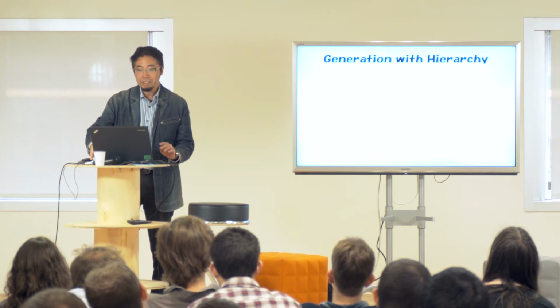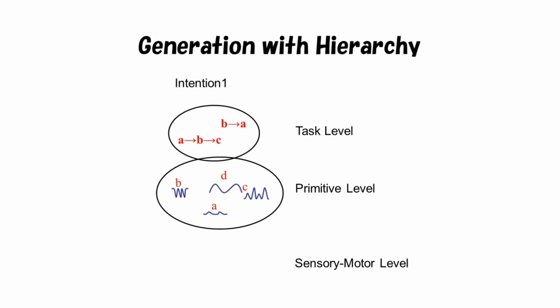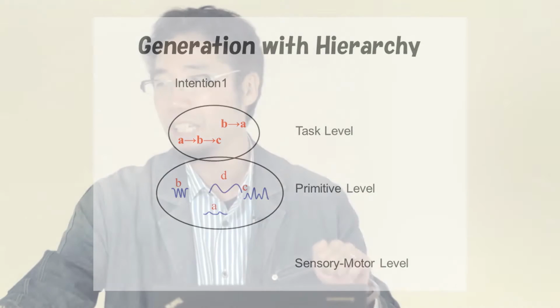The idea is something like this. What we want to realize is that we have an intention for acting in the physical world. We have various intentions, like sometimes we want to grasp something, or sometimes hug a person.